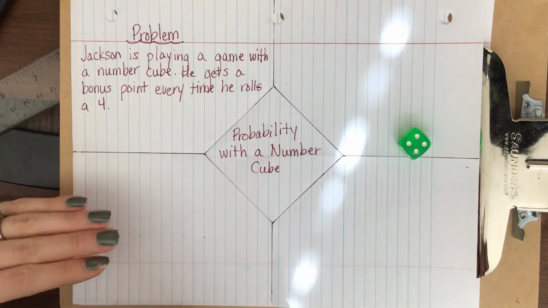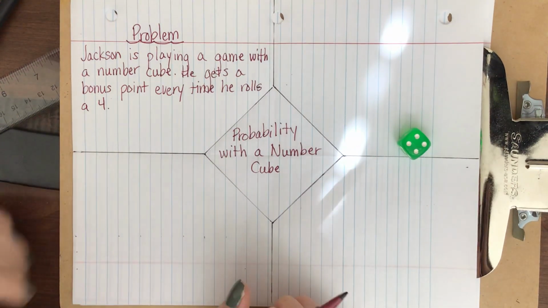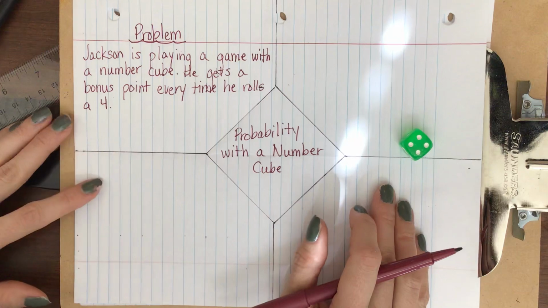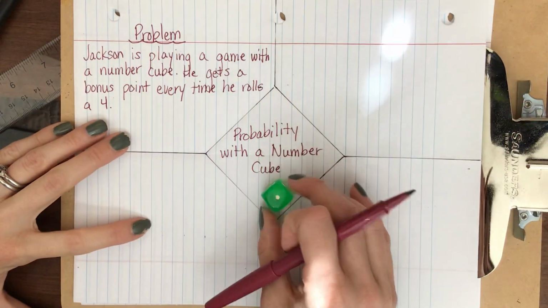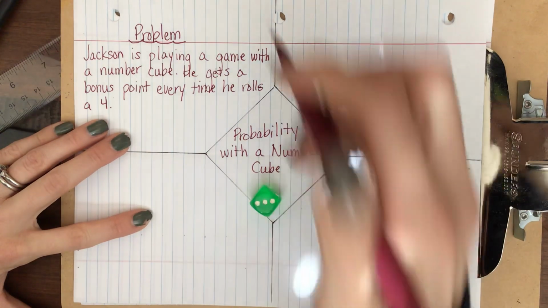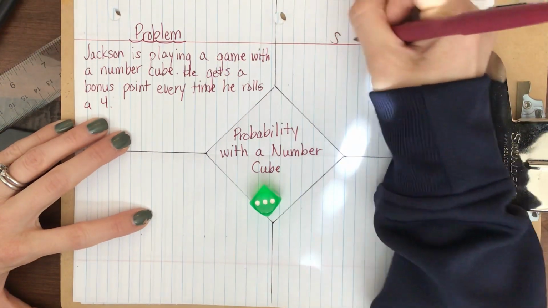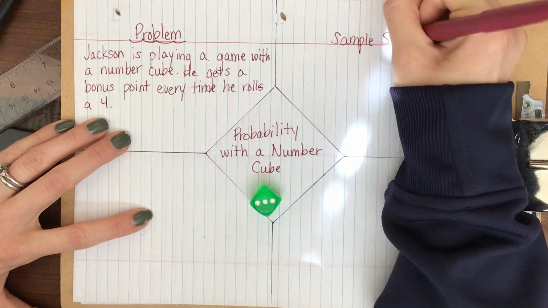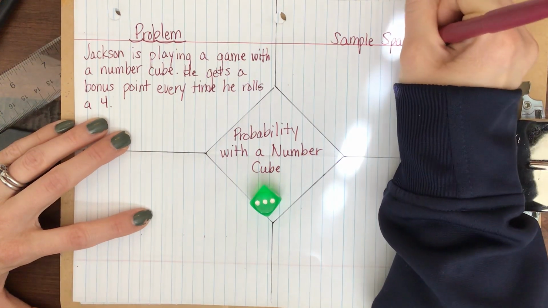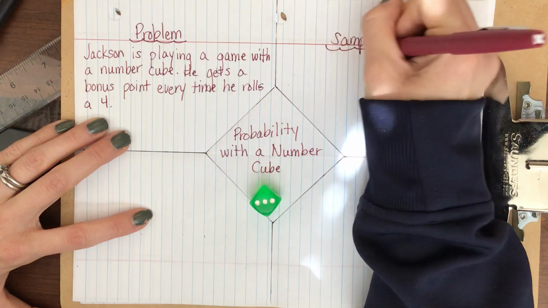Before we actually solve our problem and find out how likely it is for him to roll a 4, we're going to look at some other things related to the number cube. First thing is the sample space. Okay, you're probably wondering what a sample space is. I would be if I were you.